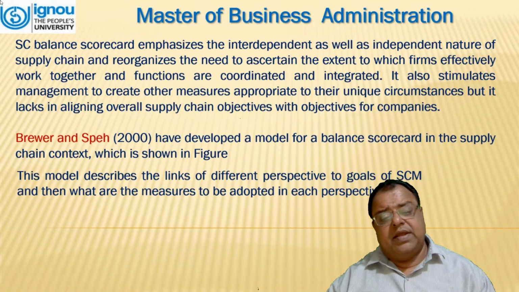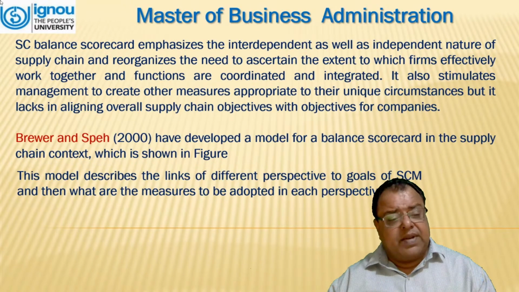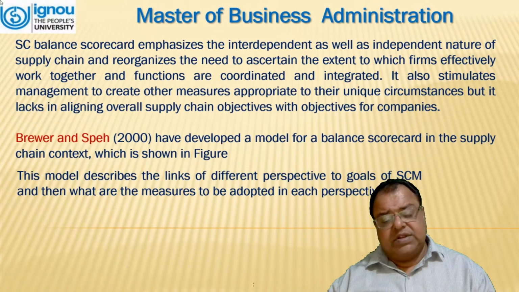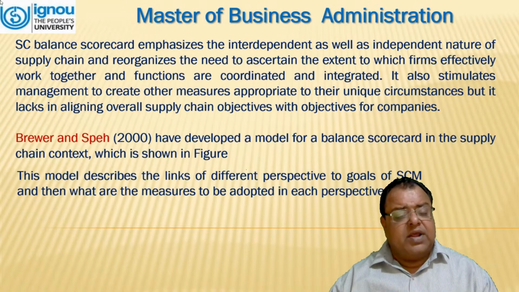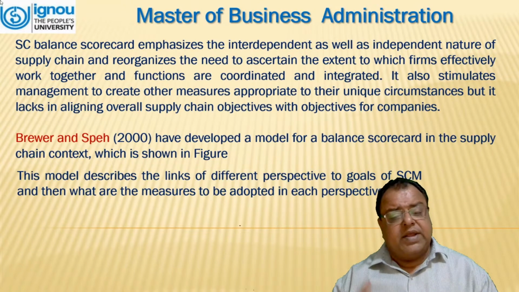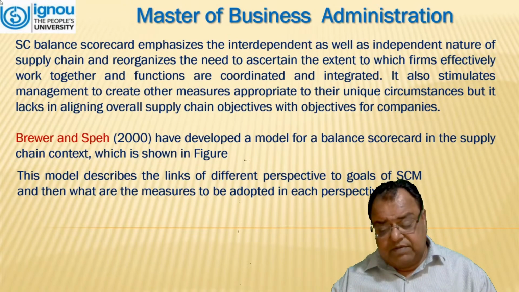Weber and Spain have developed a model for a balanced scorecard in the supply chain context, which is shown in the figure. This model describes the links of different perspectives to goals of supply chain management and what measures are to be adopted in each perspective.